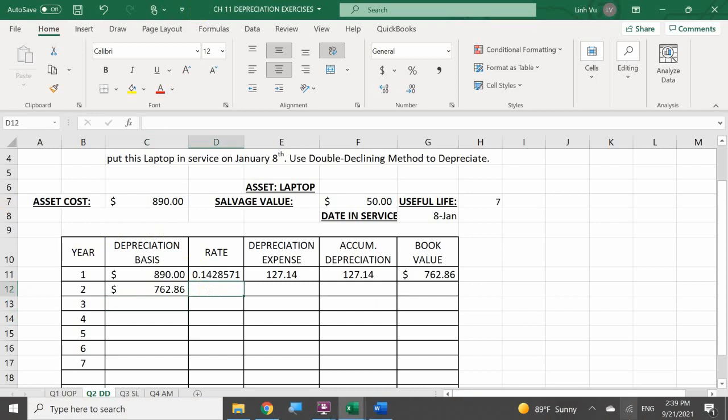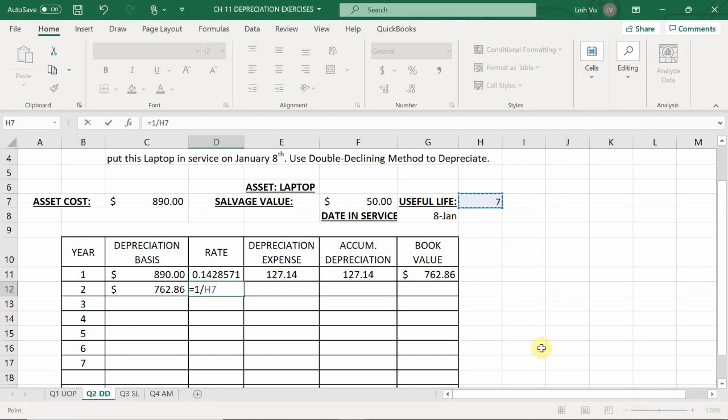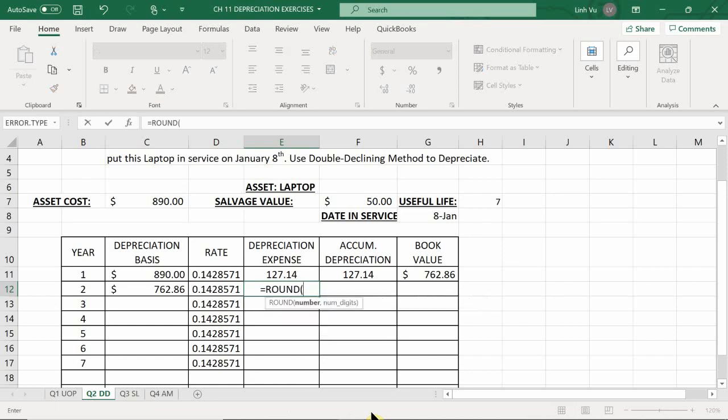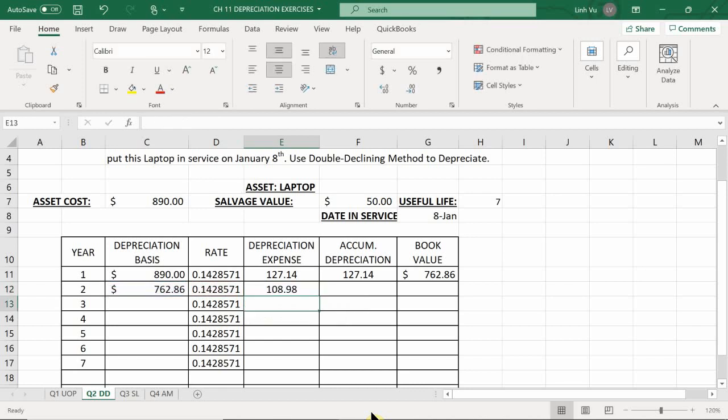Now, once again, the rate is going to be 1/7, which we already know is this 14.2851. So we know for a fact that it's going to stay consistent all 7 years. The depreciation expense, once again, is going to be equal round. You're going to take your depreciation basis times the rate, comma 2, to get a new grand total of $108.98.